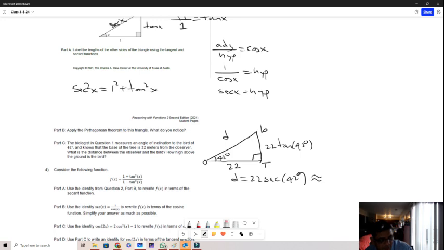This is the value for the tangent, sorry. So this is 19.8. The distance that is measured by the diagonal, which is the distance from the observer to the bird, that one will be 29.6.